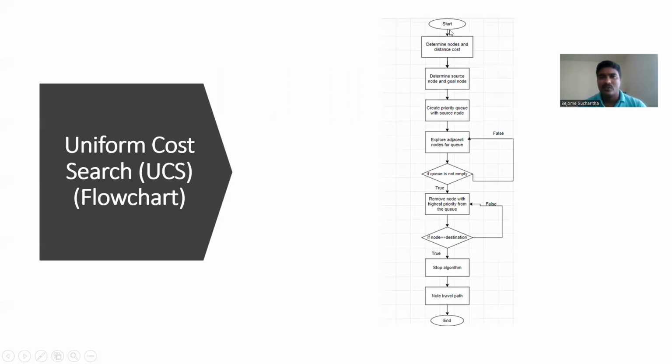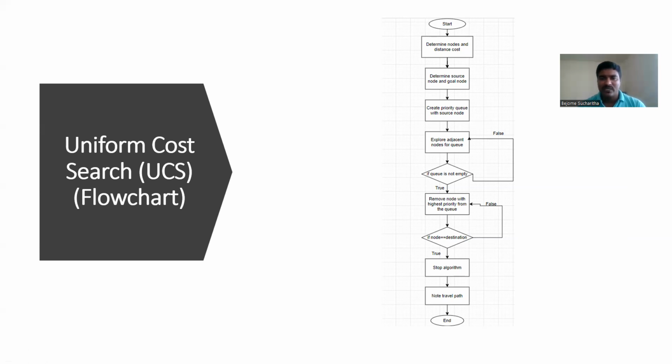And this is the flowchart for the uniform cost search. We are starting with the node. Determine the node and distance cost. Determine the source node and goal node. Create the priority queue with the source node. Explore the adjacent nodes for the queue. If it is true, it will go to the queue is not empty. If it is false, it will repeat the steps. And then it will go to remove the node with the highest priority from the queue.